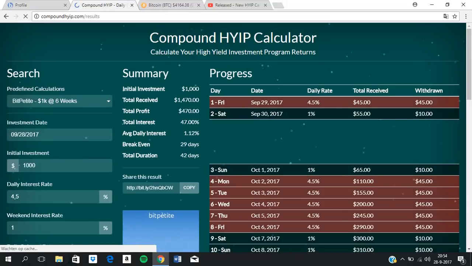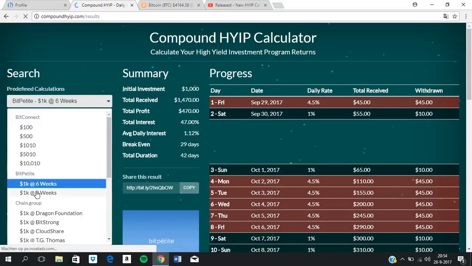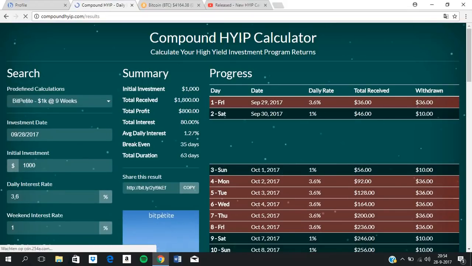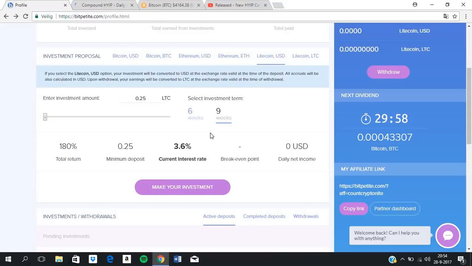And if you look at this, the average daily interest rate, which is the most important factor, it's 1.12%. And if we choose the 9 weeks program, then it's 1.27%. So it pays to choose the 9-week program, which is this one.